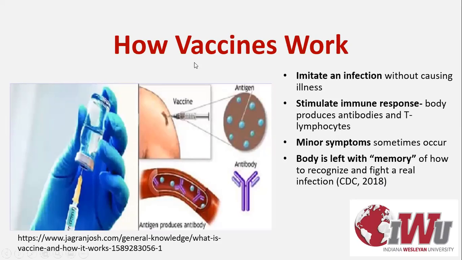So we're putting a bacteria or a virus or a piece of genetic material into the body that has antigens that are going to stimulate the production of antibodies and things called T lymphocytes. And those are what causes the immune response, what fights off foreign materials, foreign things in the body.